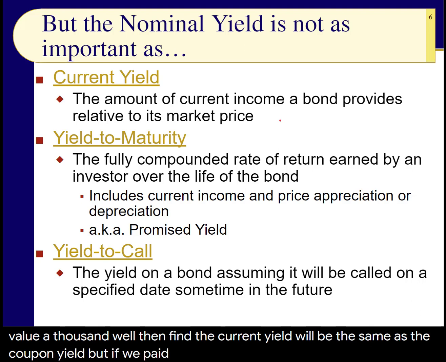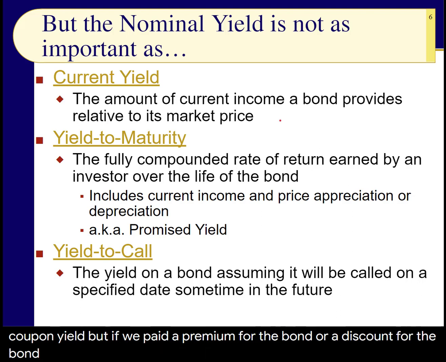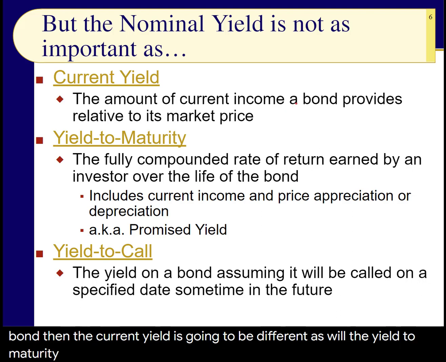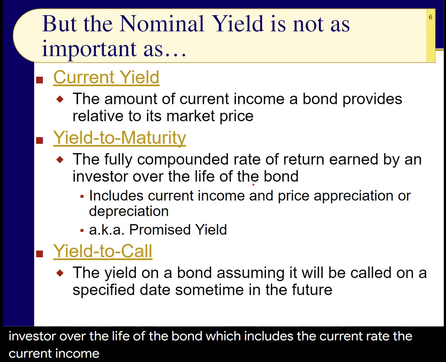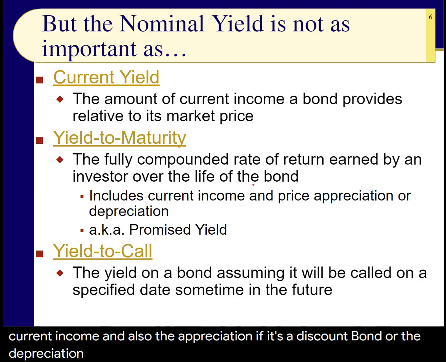But if we paid a premium for the bond or a discount for the bond, then the current yield is going to be different, as will the yield to maturity, which is the fully compounded rate of return earned by an investor over the life of the bond, which includes the current income and also the appreciation if it's a discount bond, or the depreciation if it's a premium bond, as we'll see.